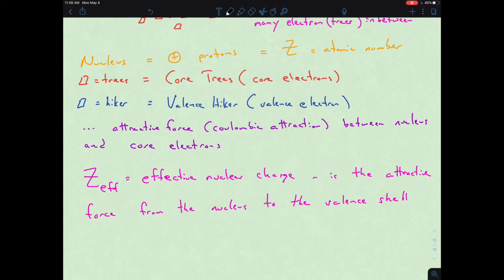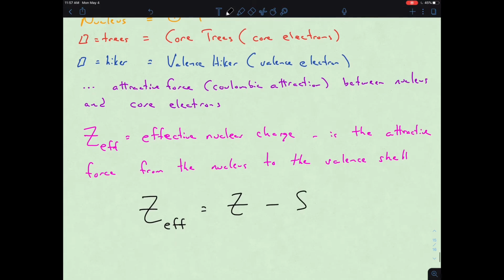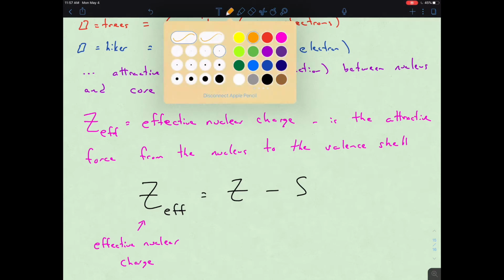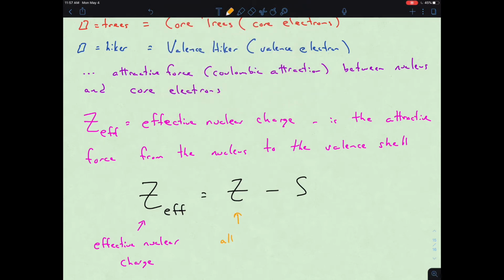And it's really an equation where you have here our effective nuclear charge, here we have our atomic number, number of protons, and then we have S, which stands for shielding electrons, but really these are core electrons.